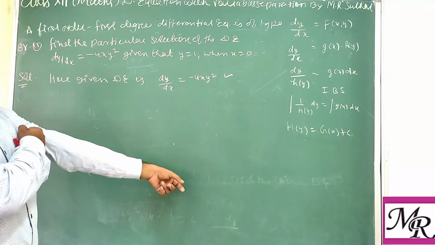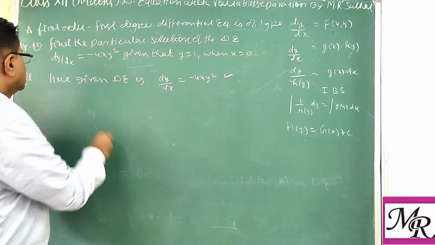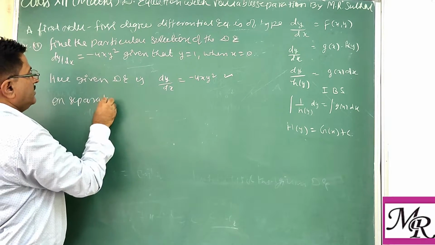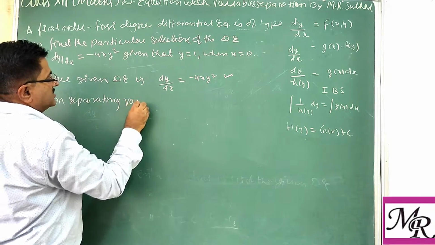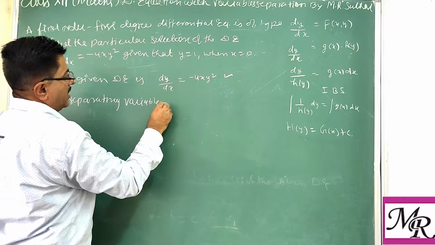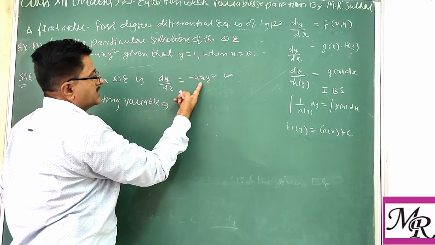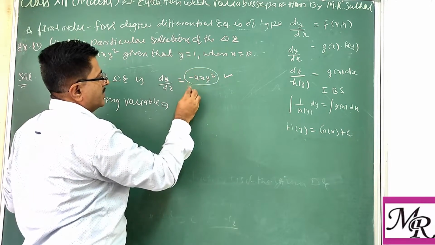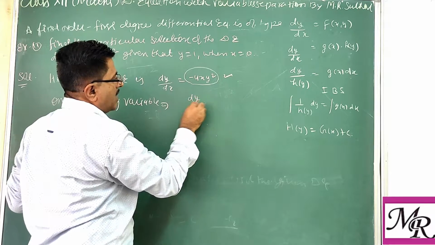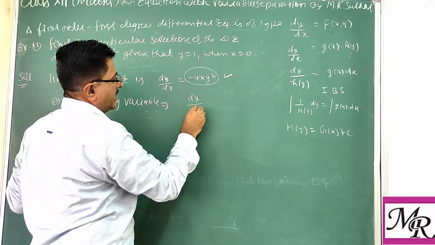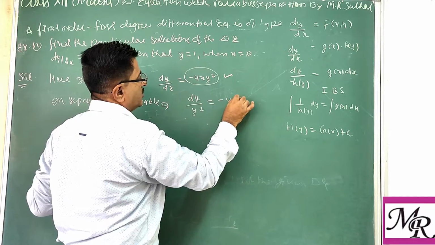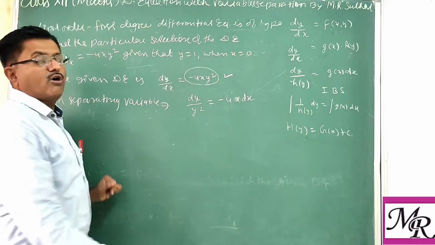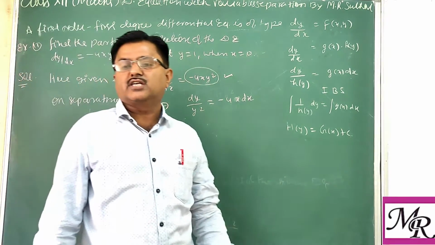Now we have to separate the variables. On separating the variables, the terms containing x go with dx and the terms containing y go with dy. So this can be written as dy by y square equal to minus 4 into x into dx. The constant may be taken on any side.